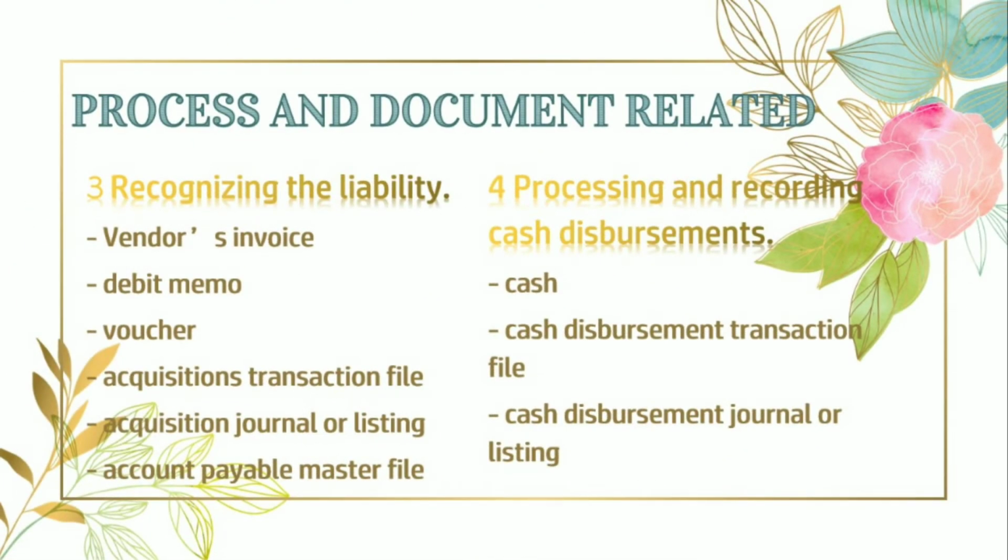The third is recognizing the liability, which involves a vendor's invoice, a debit memo, a voucher, acquisition transaction file, acquisition journal or listing, and accounts payable master file. The fourth is processing and recording cash disbursement, which involves the cash disbursement transaction file and cash disbursement journal or listing.